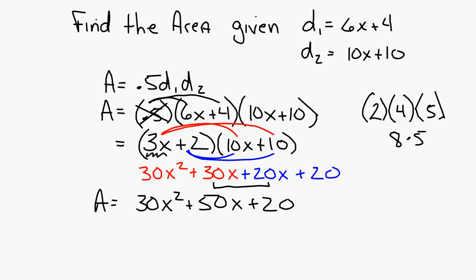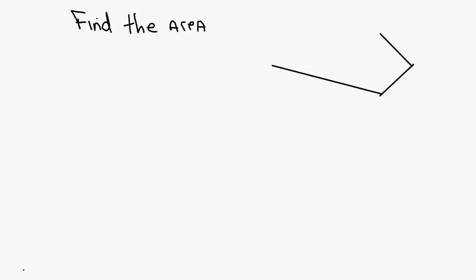All right, look at the example right below that. Area of a kite, and you're asked to find the area. And you've got a nice little kite right there. The dashed lines are your diagonals.